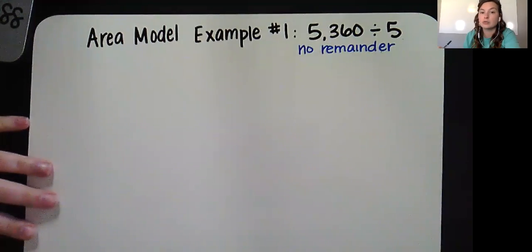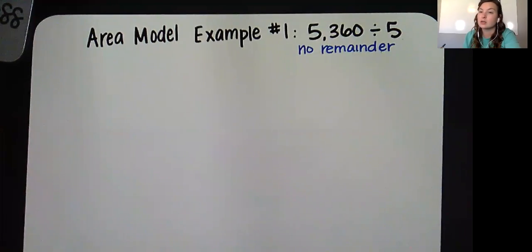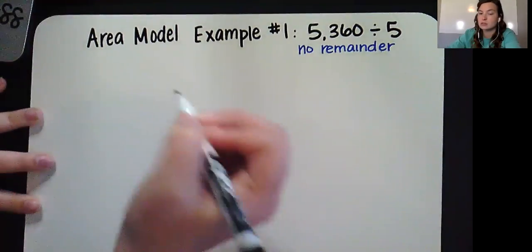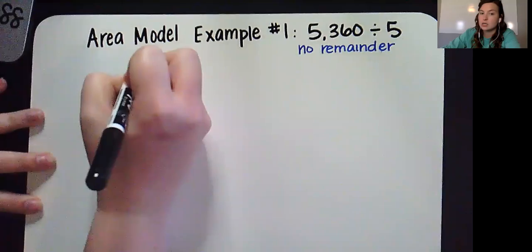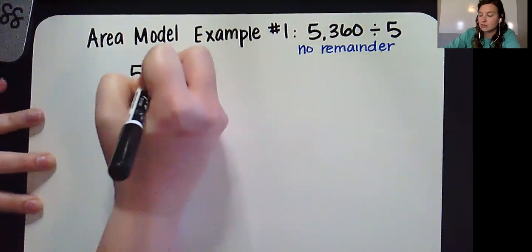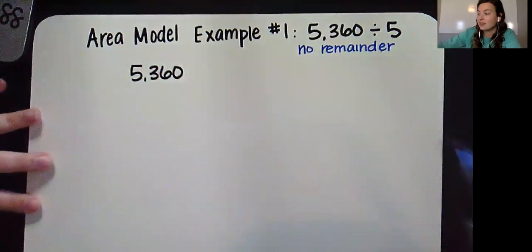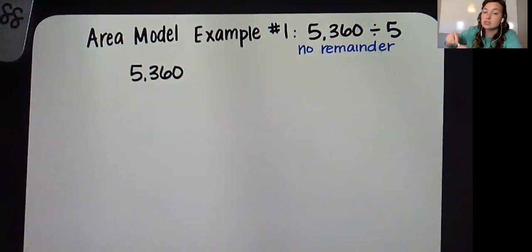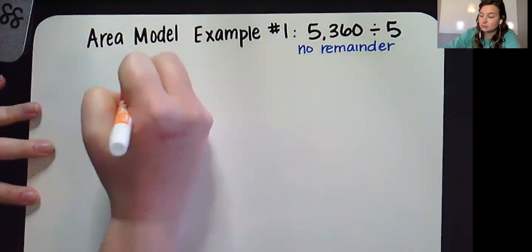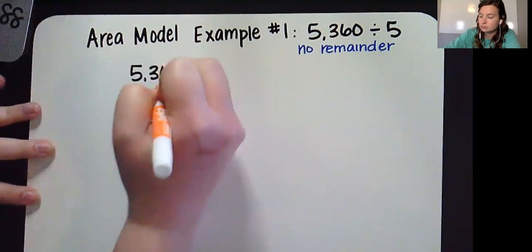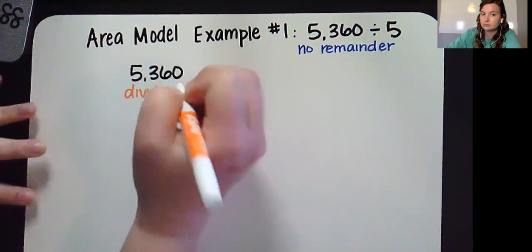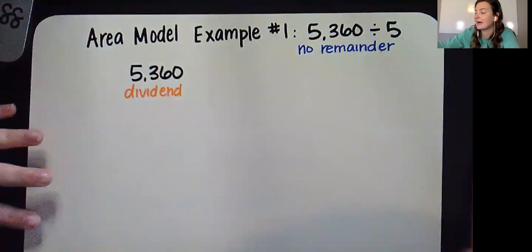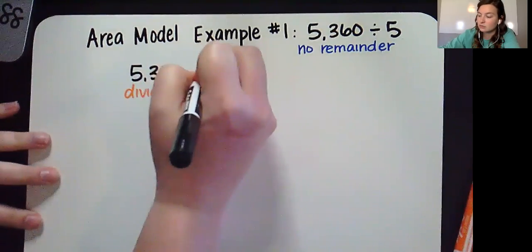The first thing I want you to realize is the pieces of this problem have names. So let's do a little vocab real quick. 5,360, that's the number we are breaking apart. That's called your dividend. And we are dividing that by 5.